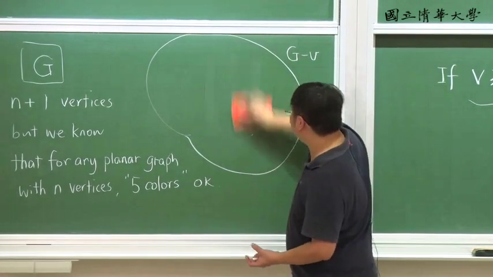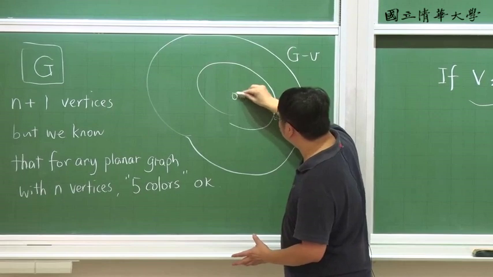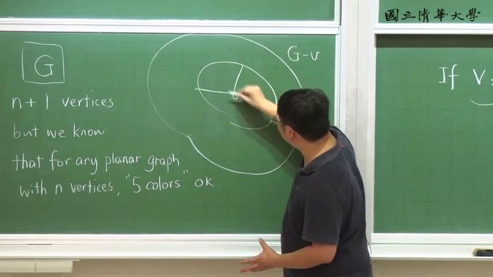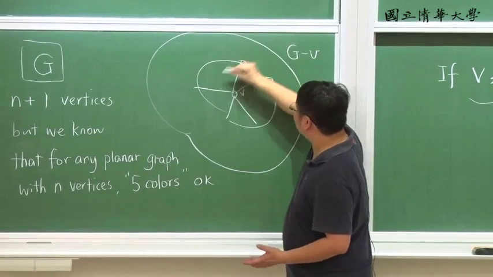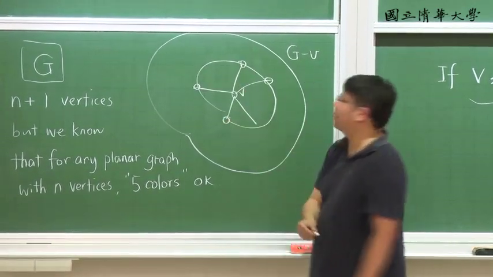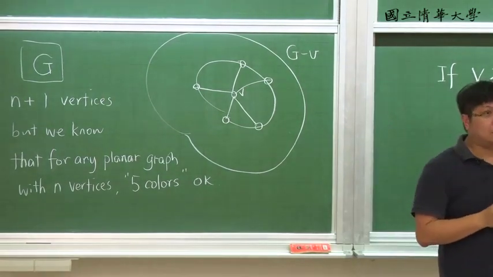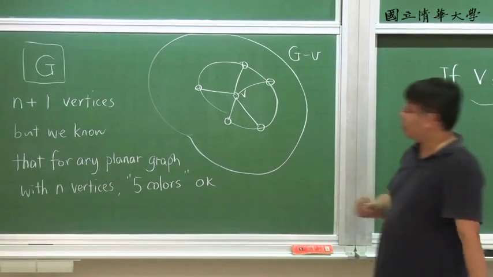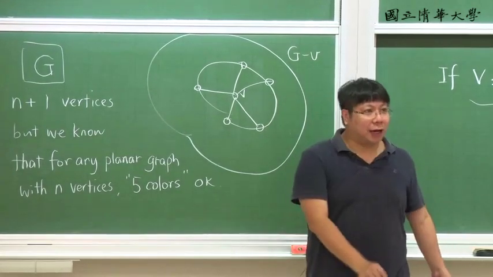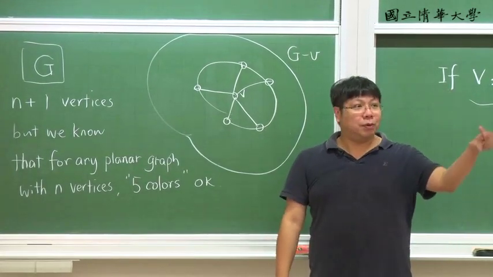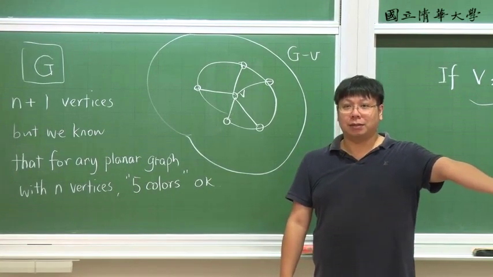The difficult case is when this vertex V is connected to 5 other vertices. Then this is a problematic case. But notice that this is not always problematic. Let me give you an example which is not problematic. Suppose we have the colors red, green, blue, yellow, white. These 5 colors.